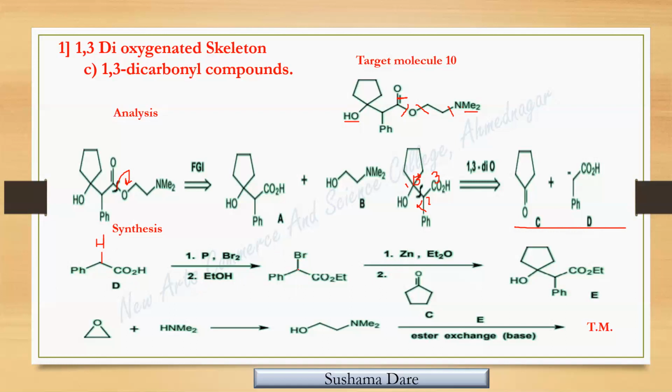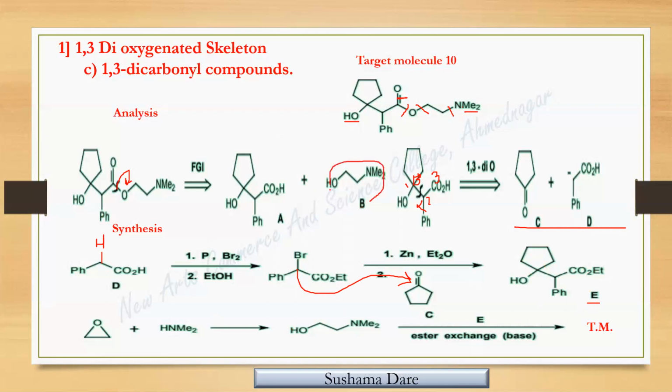So the carbon is a donor, and the donor can attack on this carbonyl carbon. So the organozinc compound attacks on this, and then you hydrolyze it. So it gives E.